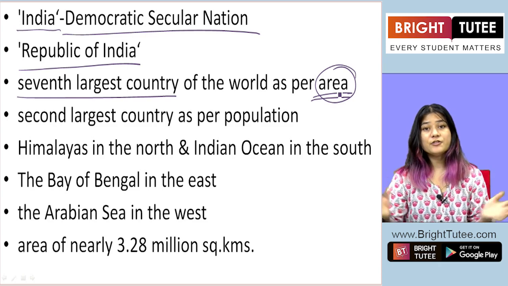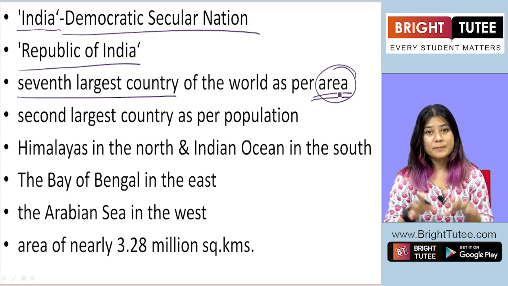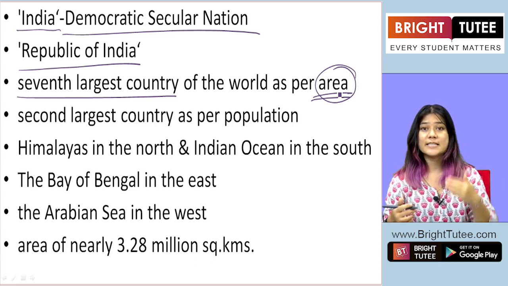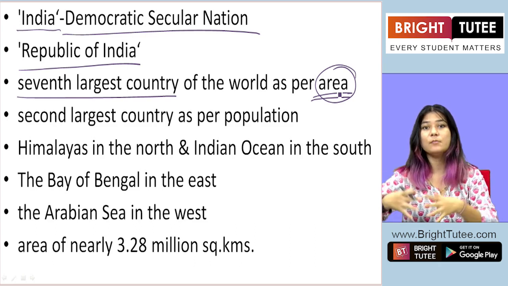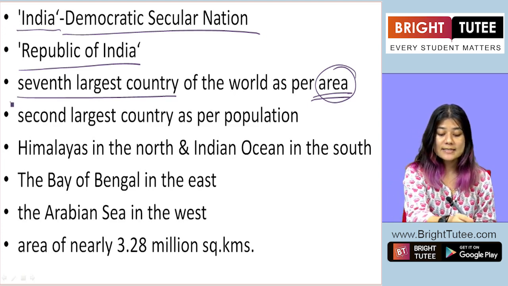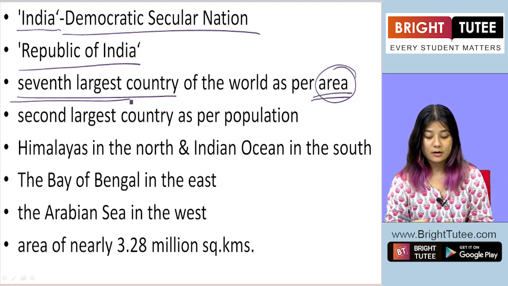If countries around the globe are compared and are made to come first, second, third in terms of area, how much area do they cover on earth, then India comes 7th in the list, okay.